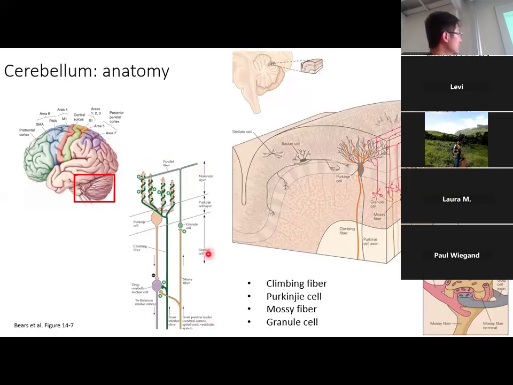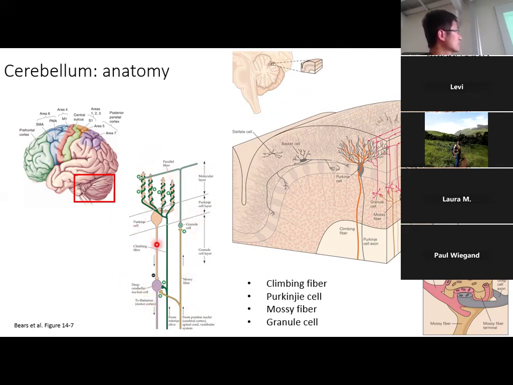This parallel fiber synapses with the very large cell called the Purkinje cell. So they synapse onto the dendrites of the Purkinje cell. And the Purkinje cell is the only output from the cerebellar cortex, and it goes directly to the deep cerebellar nuclei. This deep cerebellar nuclei then sends the final command to the motor cortex through the thalamus.